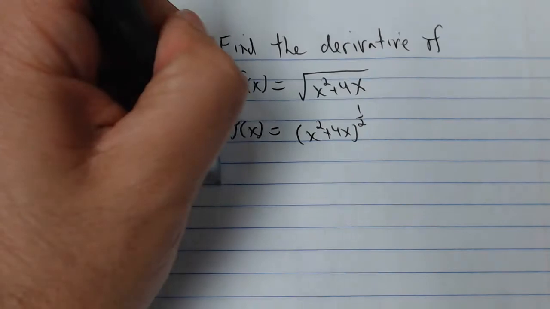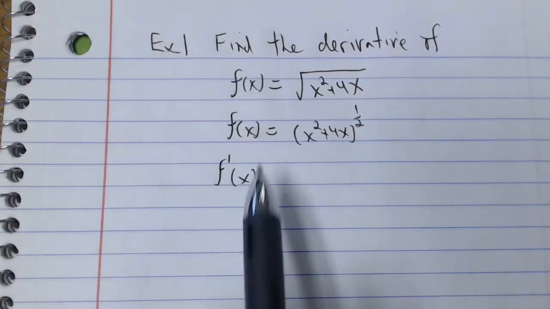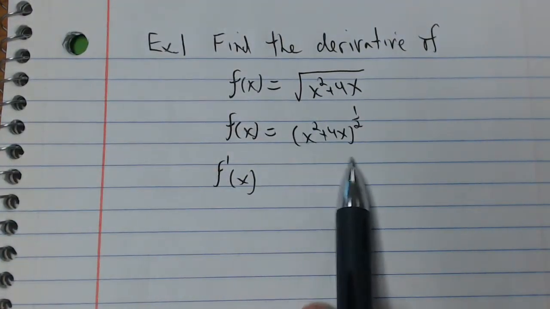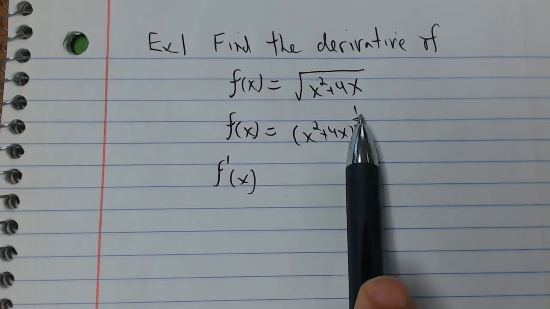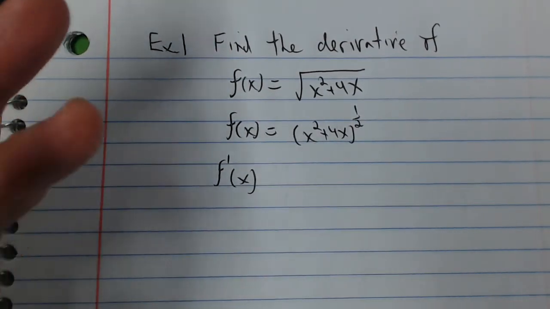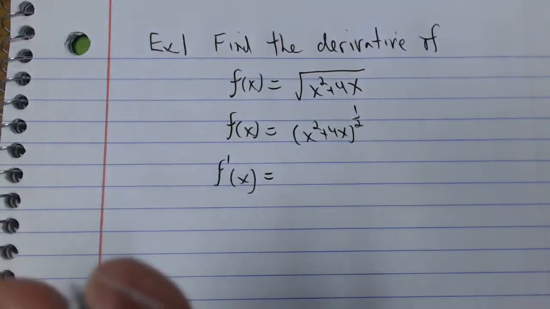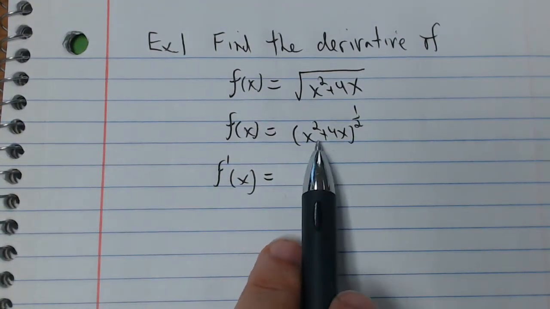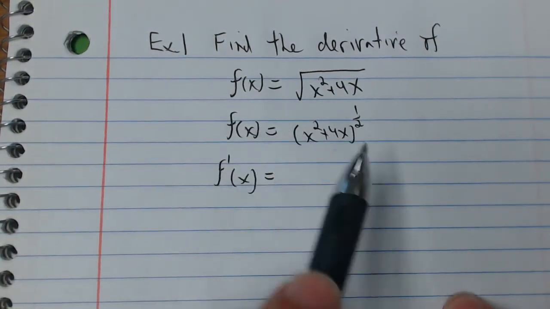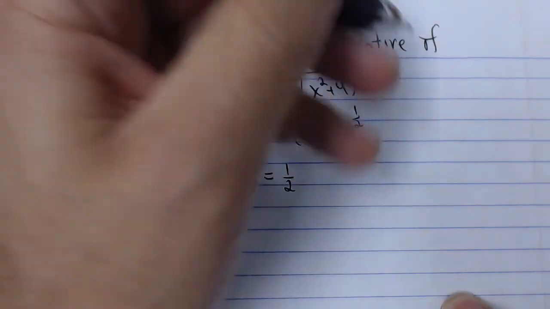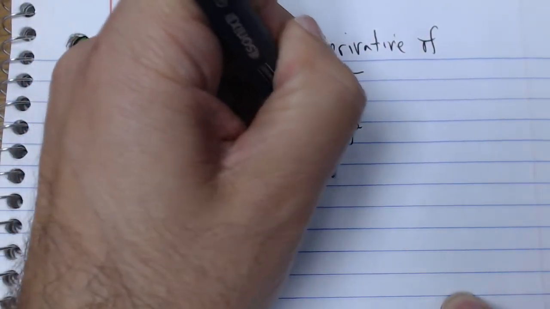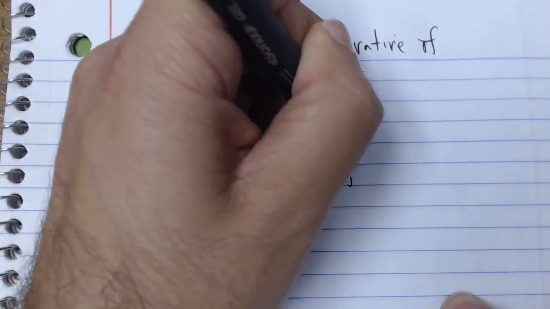So then, what would f prime of x be? You first worry about the outside. So the outside function is the power of 1/2. You bring the 1/2 out front. Notice how I'm not going to touch anything with the inside. The inside stays the way it is. So it's the derivative of the outside, which is 1/2 times x squared plus 4x to the power of negative 1/2.